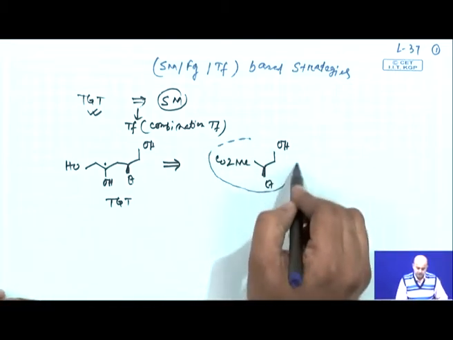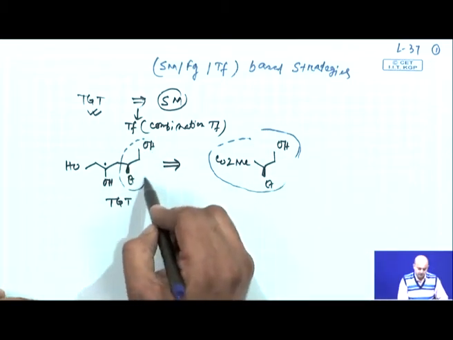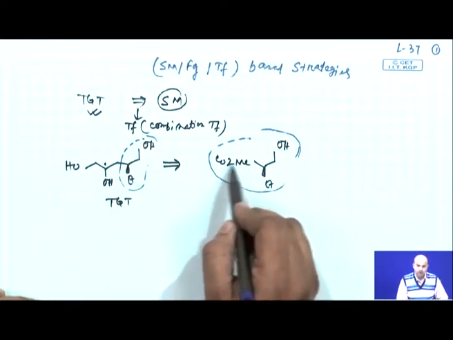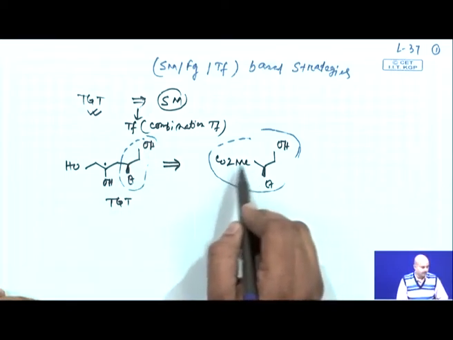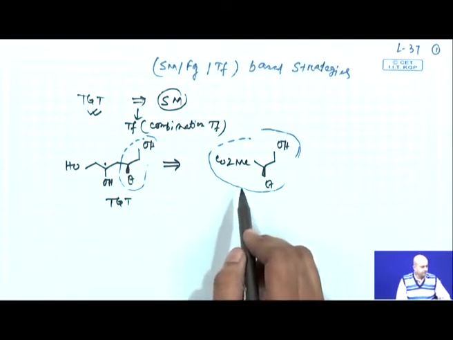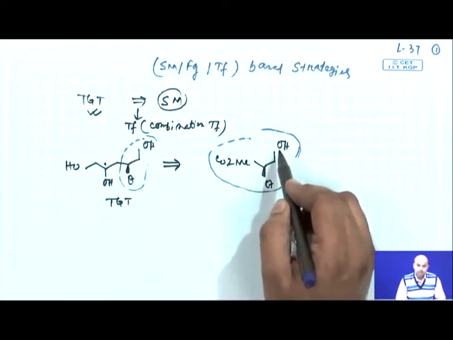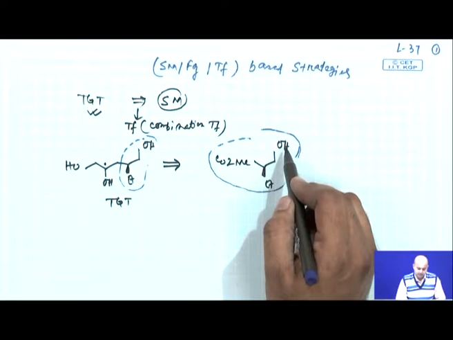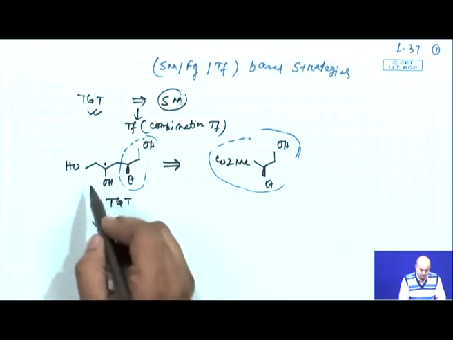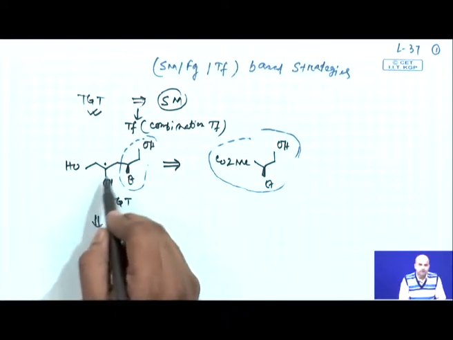So, you can think that this part is similar, this part is similar, the only thing is you need to extend on its left hand side, basically you need to extend it. And eventually in the whole strategy you will find that the initial starting material has a primary hydroxy group. So, let us now do the disconnection. Now, on this left hand side you have a diol, basically a vicinal diol.